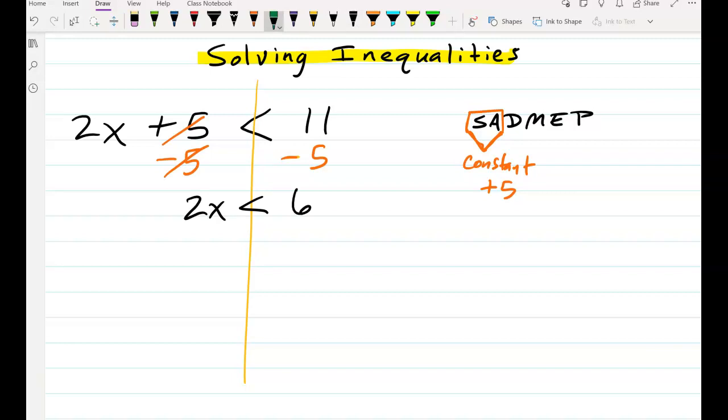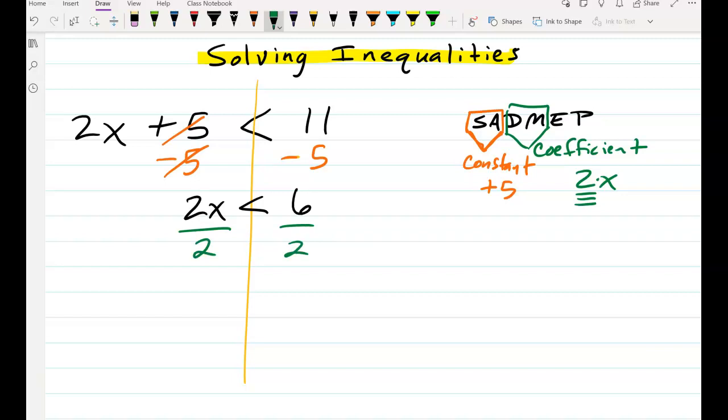Next step, I have to undo the multiplication or division of any coefficient. So the coefficient I'm looking for, let's see, I have 2x. That's my term, 2x, but the coefficient is the 2, and that 2 is being multiplied by the x, so I have to undo that multiplication by dividing by that same 2.